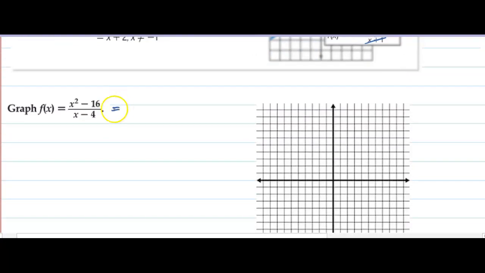For example, with this one, if I factor the numerator, the difference of perfect squares, and put it over my denominator, notice the factor of x minus 4 cancels, and I'm left with x plus 4.